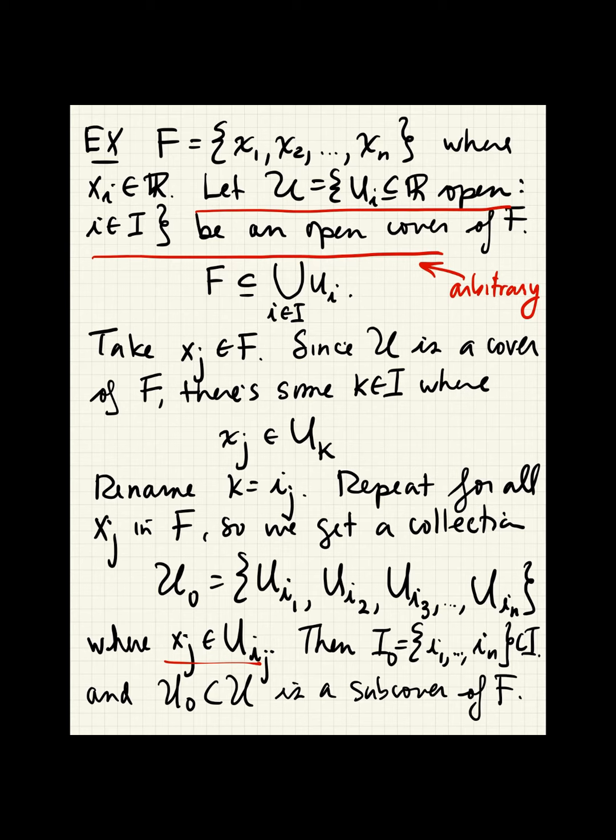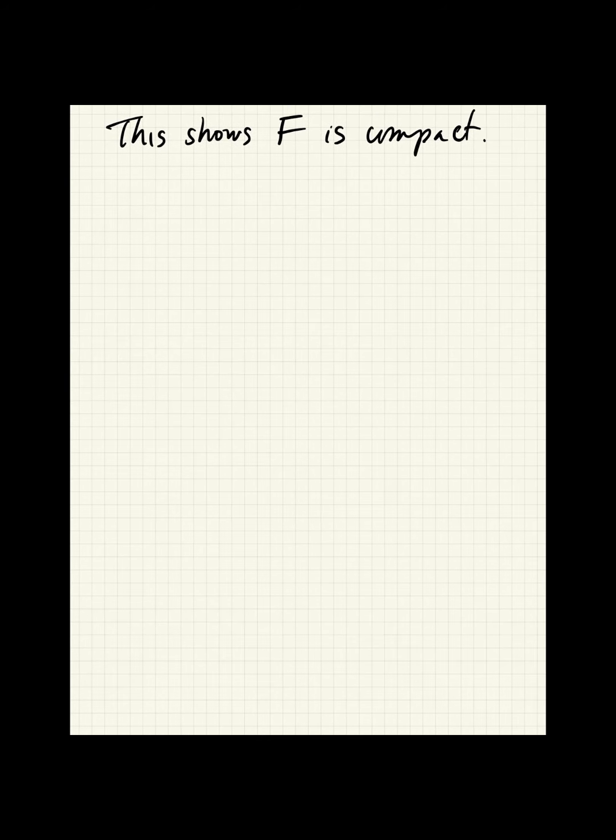And in the course of the example, we just used properties of sets, properties of openness, really just properties of containment and properties of union, to demonstrate that for our set F and the cover that we were given, we could extract a finite subcover from that cover. All right, so a finite set of singletons is compact. So let's do one more example.